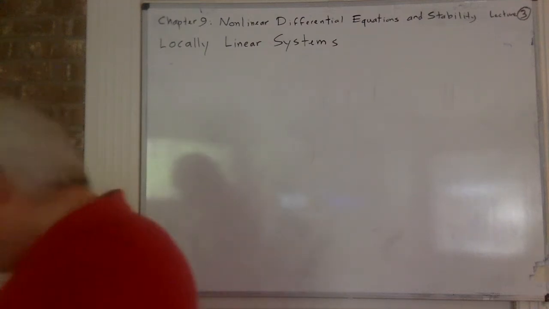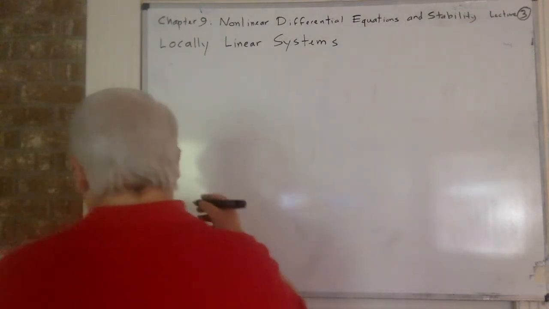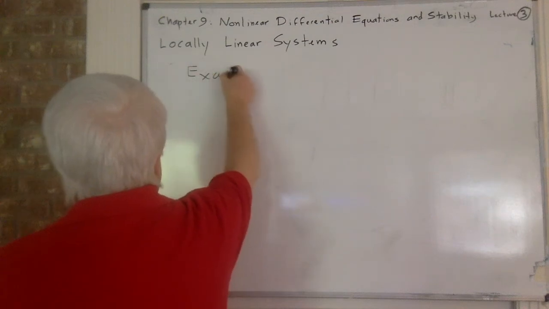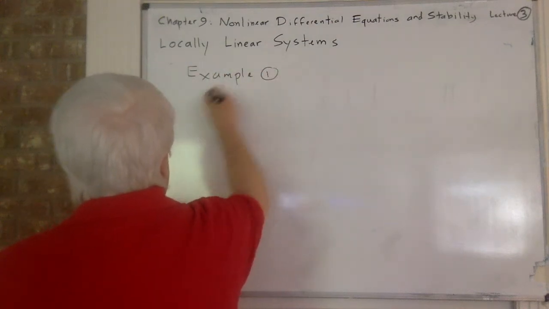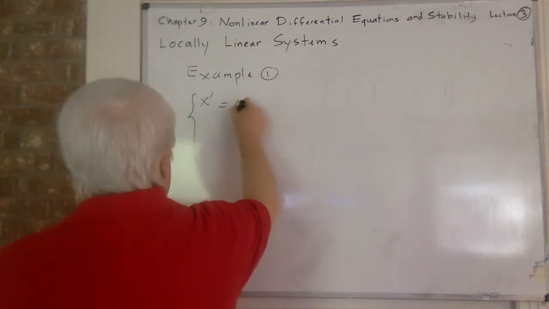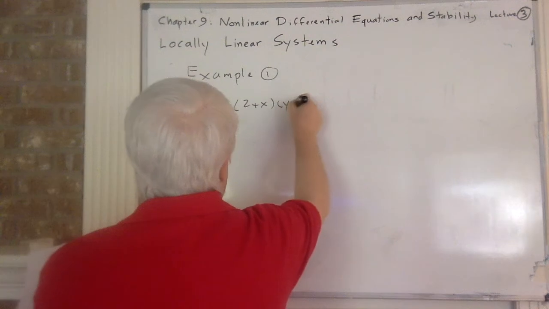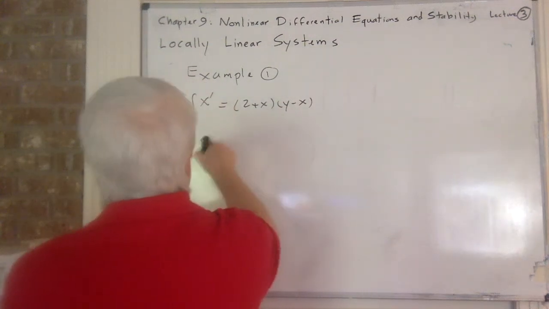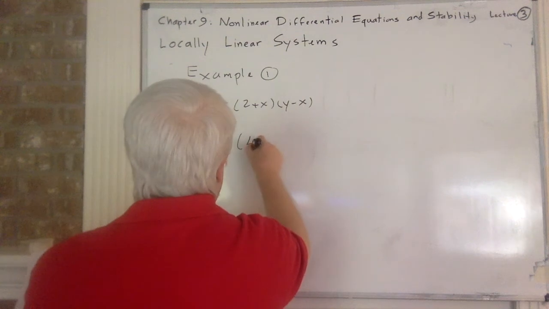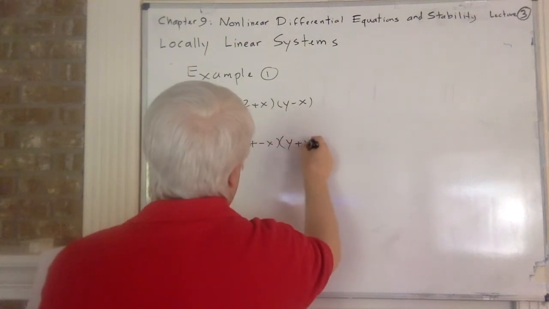One more problem. So this one is example 1. I have x prime is 2 plus x times y minus x, and y prime is 4 minus x times y plus x.